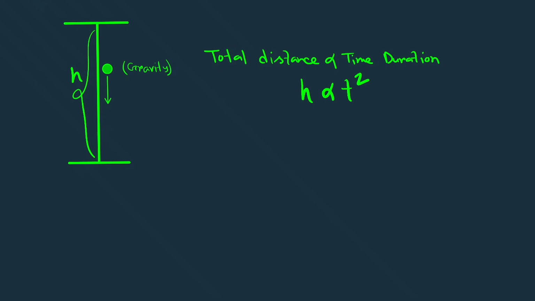For those of you who don't know what proportional means, let's say the freely falling object covers h1, h2 and h3 distance in t1, t2 and t3 amount of time respectively. Then the ratios h1 over t1 square, h2 over t2 square and h3 over t3 square are equal to each other.